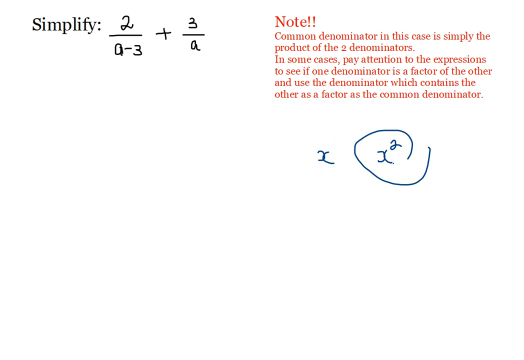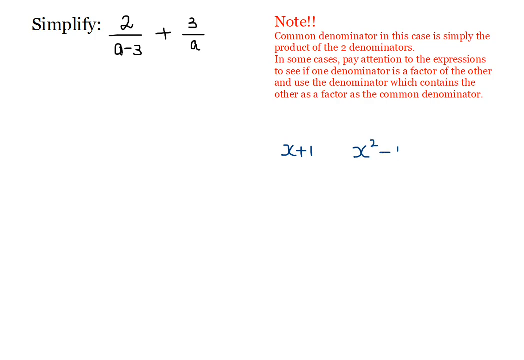So that's one. And also there are more complicated looking types of denominators as well. So let's just say you had something like x plus 1 and you had x squared minus 1.